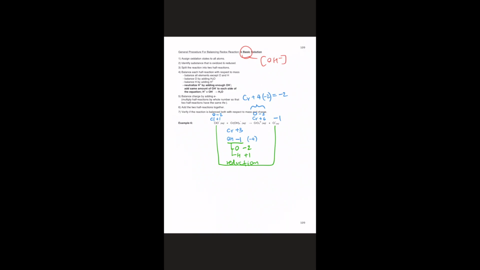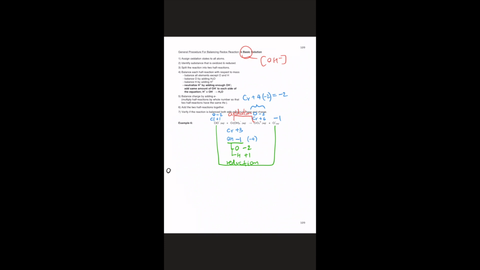And because chromium is going from 3+ to 6+, chromium would undergo oxidation because it loses electrons.